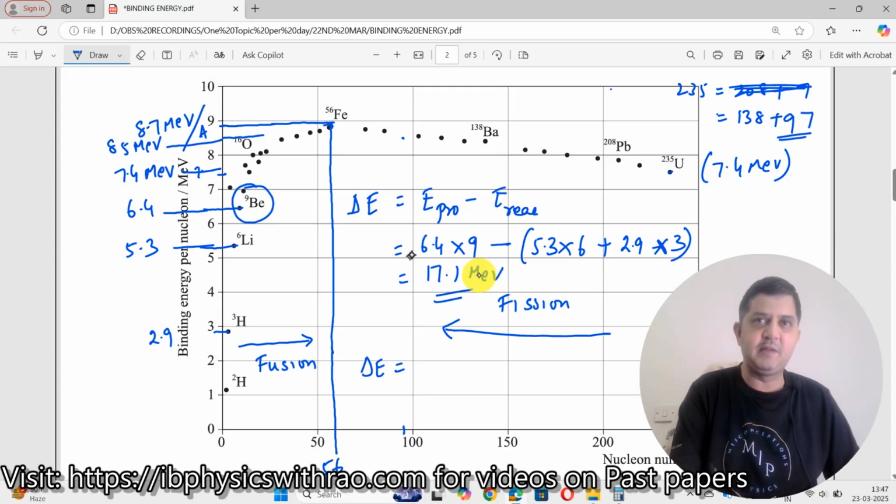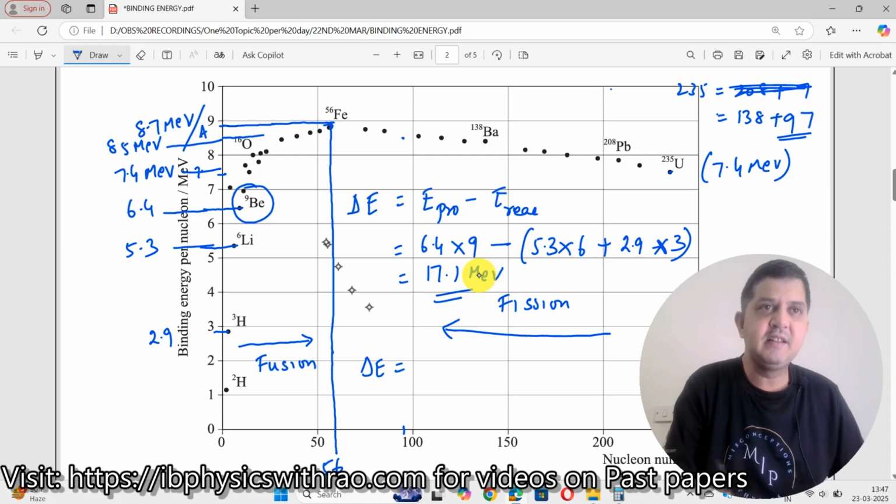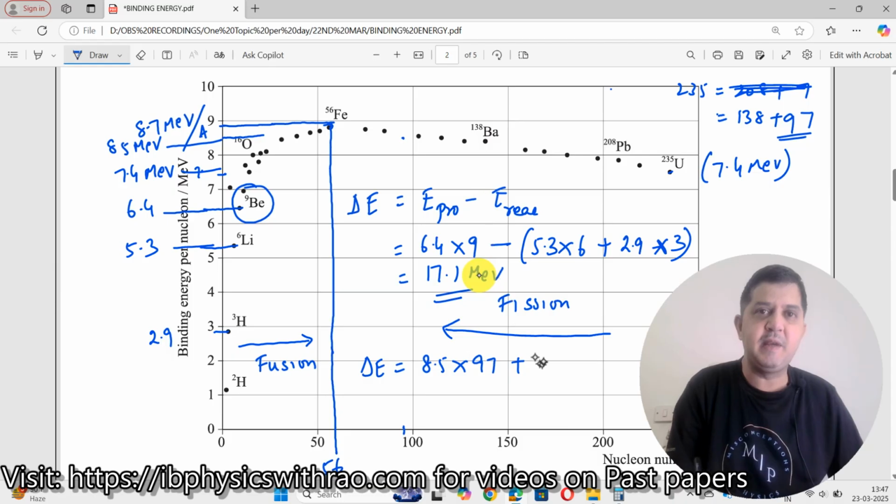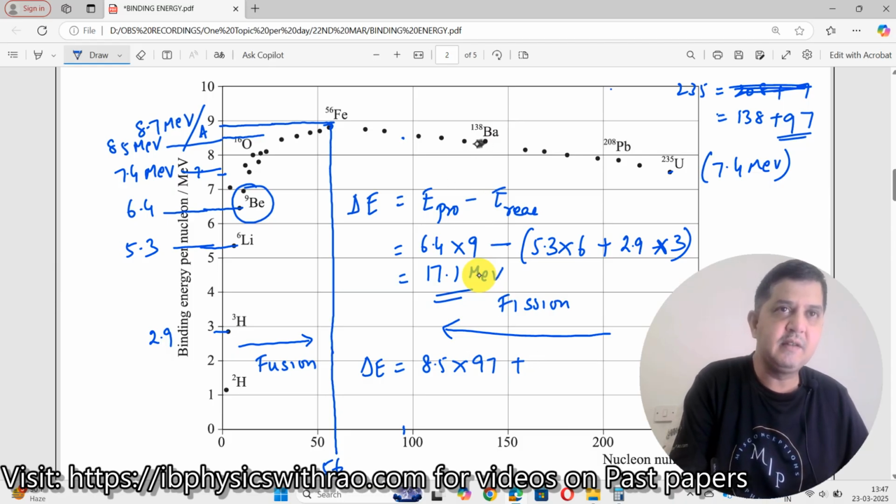Now let us use the same thing. What are the products over here? One of the products has 8.5 MeV, so 8.5 multiplied by 97 nucleons, plus, and what is the other product? 138 Ba, so 138 multiplied by, what is the value of this? Just a minute.